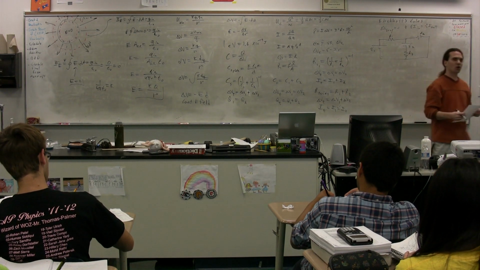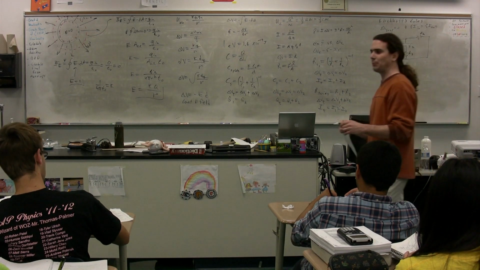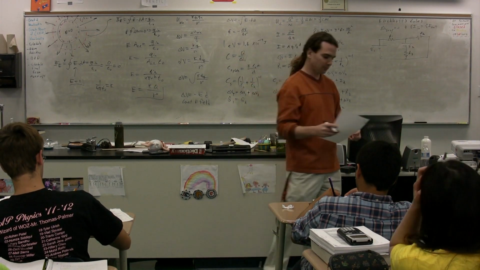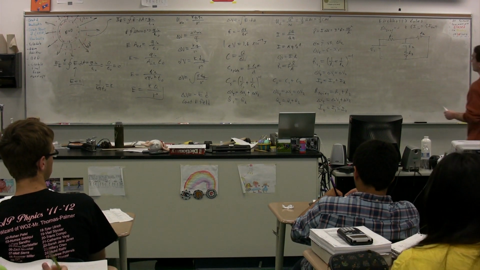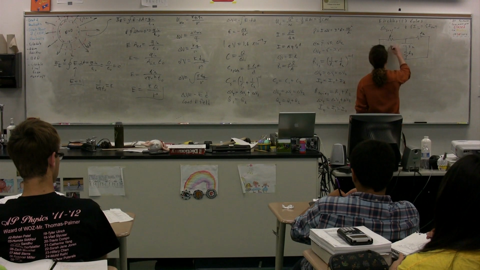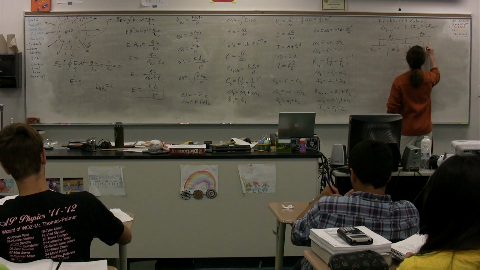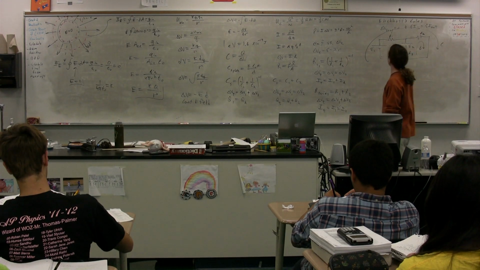In order to use Kirchhoff's rules, what is going to be our next step? We'll draw loops. We'll do loop A, loop B, and even loop C around the outside as such.